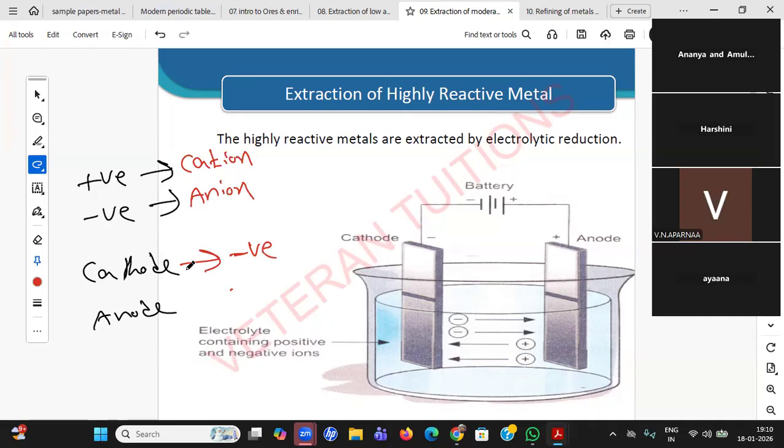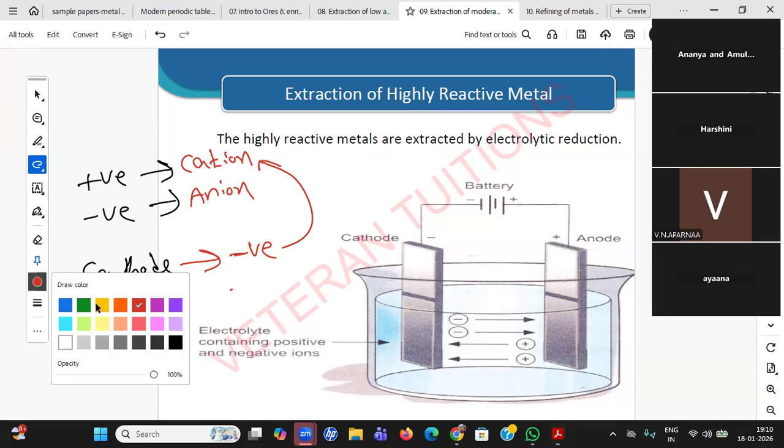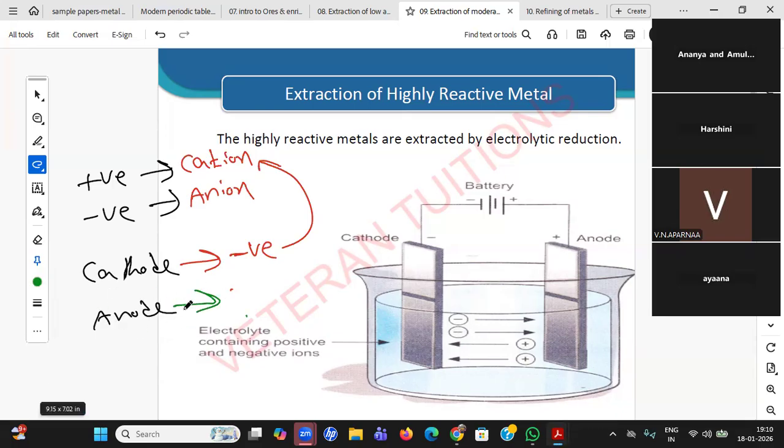Very good. Why? Because cathode should attract cations. Cations are positive, so cathode should be negative. Similarly, anode should attract anions. Anions are negative, so anode should be positive. In this way you remember. They're very important, so don't get confused at all.